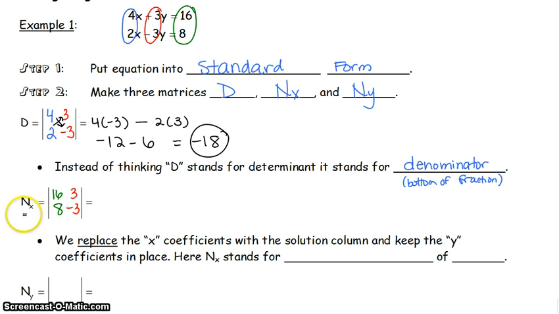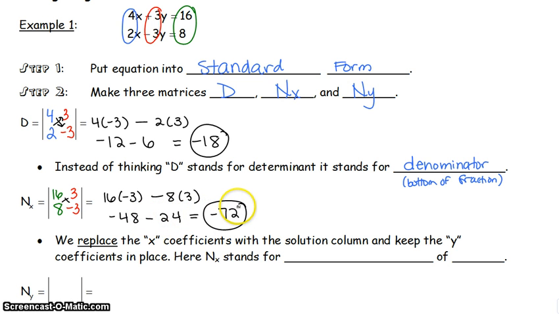So n sub x means we replace the x coefficients with our solution set. We still find our determinant though, so we've got 16 times a negative 3 minus 8 times 3. 16 times negative 3 is a negative 48 minus 24, and that gives us a value of a negative 72.